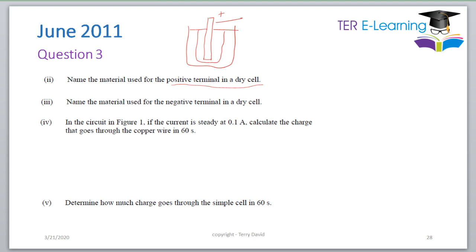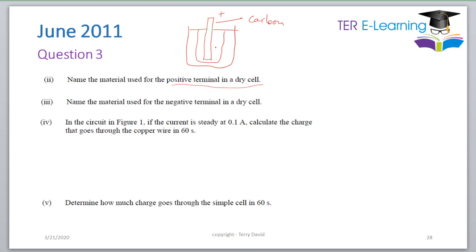Alright, so Tyrese is saying carbon rod. That is correct. So the material used to make the positive terminal is carbon.